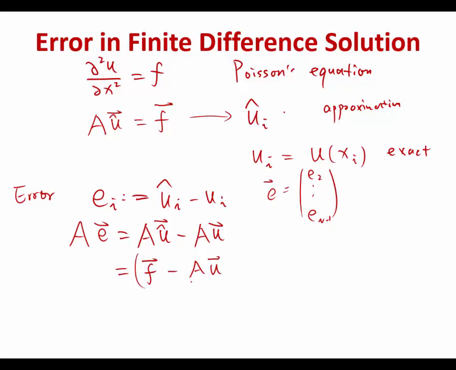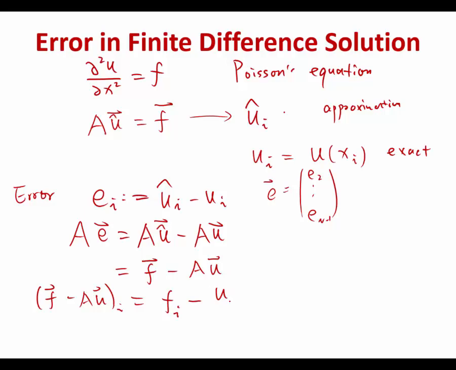Let's look at this vector at the ith grid point. For the first term, it is just f_i, the function f at the ith grid point. Then minus, let's now write down what A is.